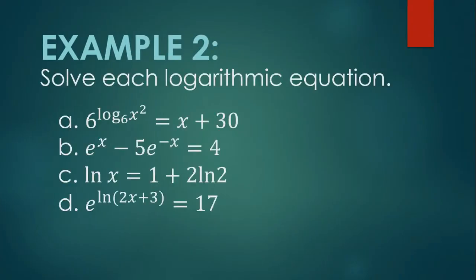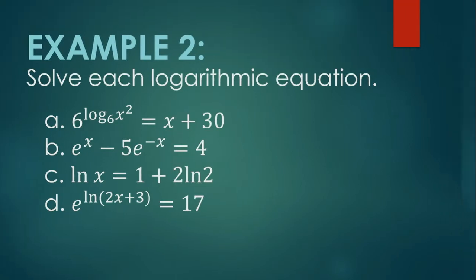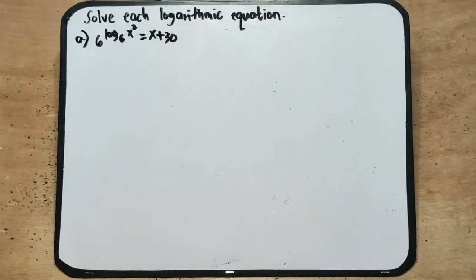Understood? Example number 2. Solve each logarithmic equation. For the solution, watch this video. In this example, we solve each logarithmic equation. So first item, we have 6 raised to log base 6 of x squared is equal to x plus 30.